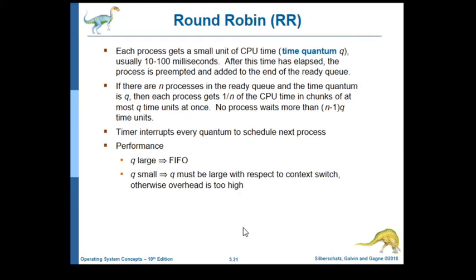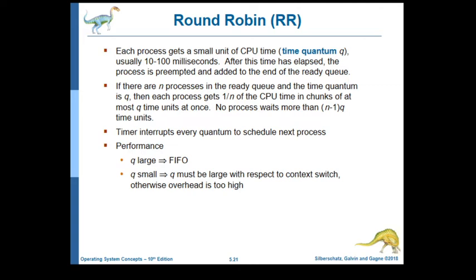If there are n processes in the ready queue and the time quantum is q, then each process gets 1 divided by n of the CPU time in chunks of at most q time units at once. For example, let's say we have 5 processes and a time quantum of 20 milliseconds.